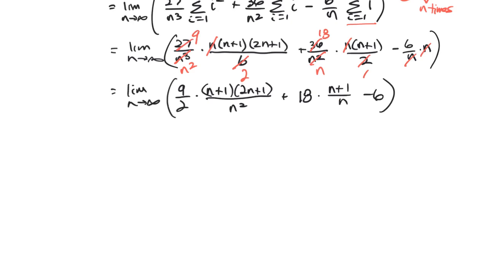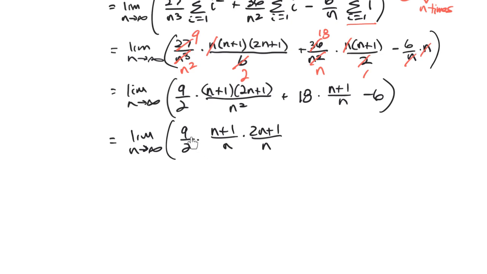Believe it or not, we're getting close. So I want you to pay attention to this a second and just think, isn't it true that n squared is just n times n? So if I really wanted to, we could write this way. The limit as n approaches infinity, 9 halves times n plus 1 over n times 2n plus 1 over n, right?